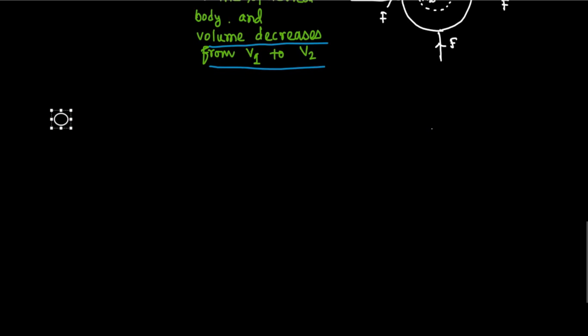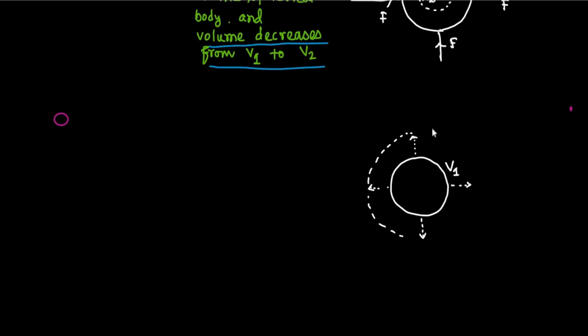Now we can consider another concept. If we have a sphere of volume V1 and the deforming force acts radially outwards, that means pressure is released and the volume of the spherical body increases to V2.